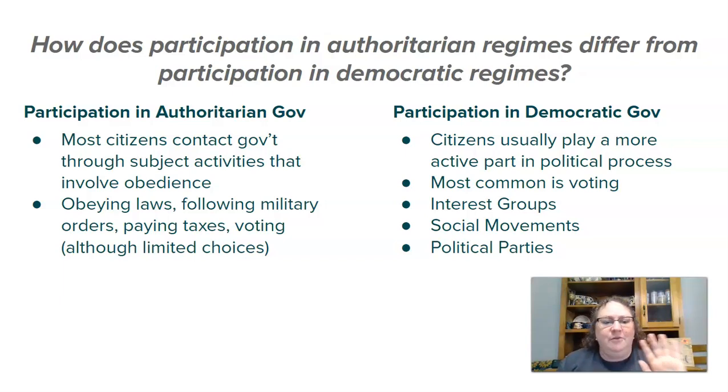The vast majority of citizens in any country participate by voting, okay? So voting is how people often participate in any regime. Now, one of those interesting facts that we've seen, remember we talked about those concepts of causation and correlation. There is definitely a correlation between civil society and political participation.